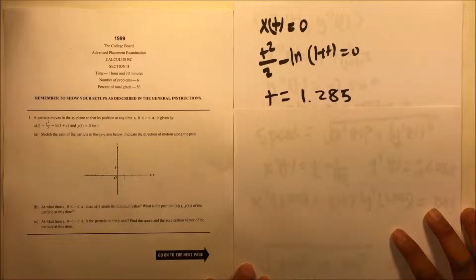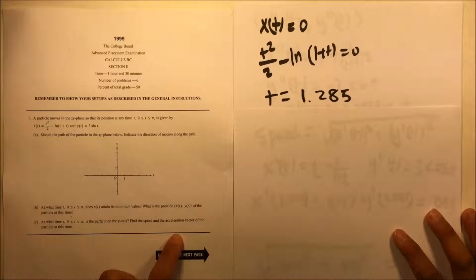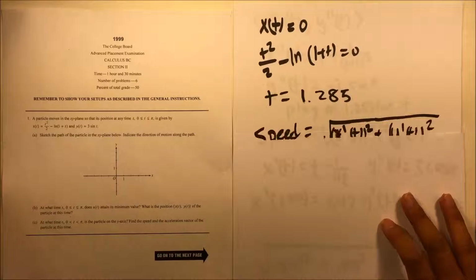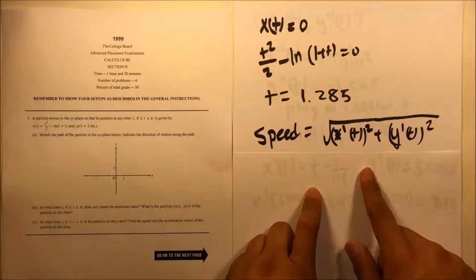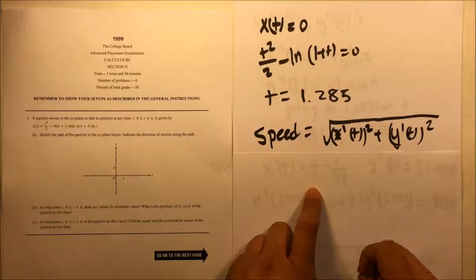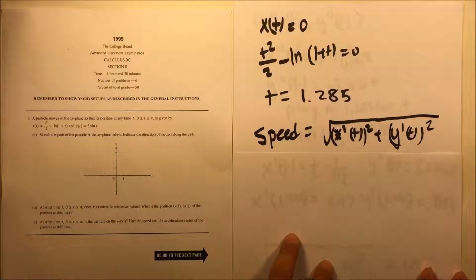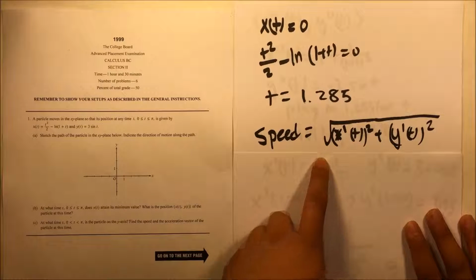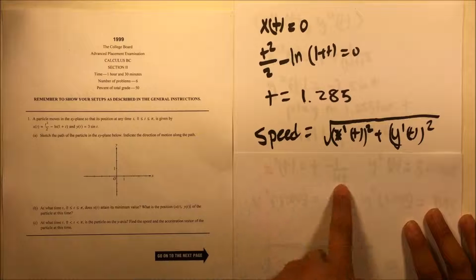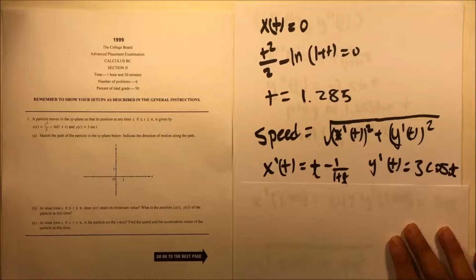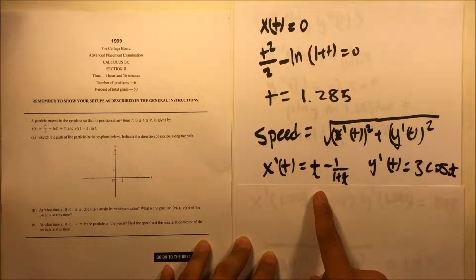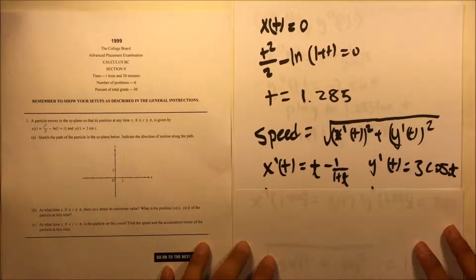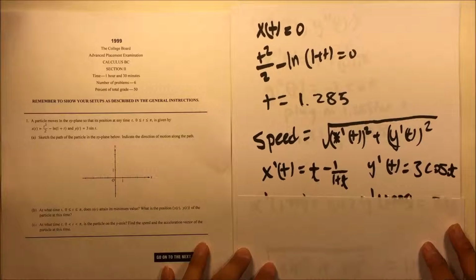So next on our list are the speed and acceleration vectors. First, for the speed, we use our speed formula, which is the square root of x prime of t squared plus y prime of t squared. Do not confuse the speed formula with the distance formula, which involves integration. The speed formula does not have integration. First we figure out x prime of t, which is t minus 1 over 1 plus t, and y prime of t, which is 3 cosine t.